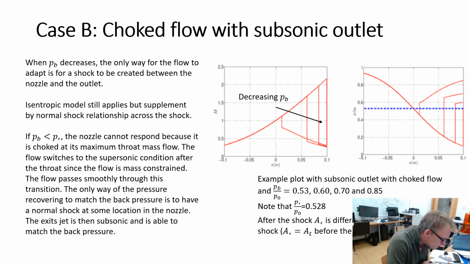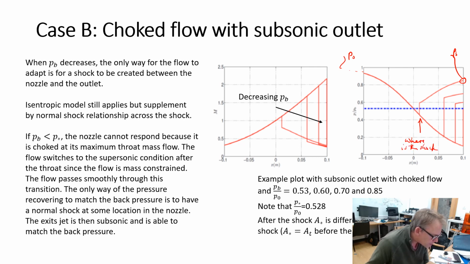Case B is a bit more challenging, as I said. You're constrained by your back pressure, PB. You've got your inlet pressure, the reservoir pressure, P0. You know this, and so the challenge is that you don't know where your shock is.